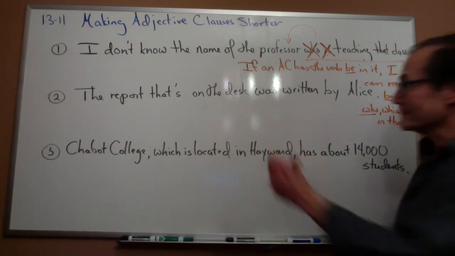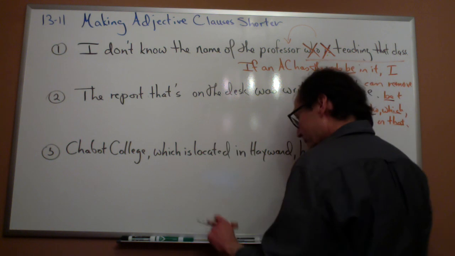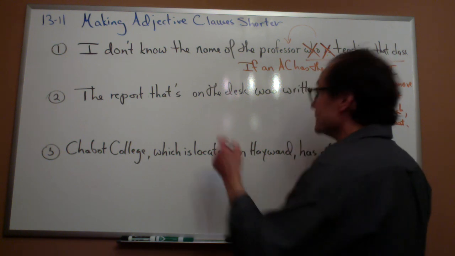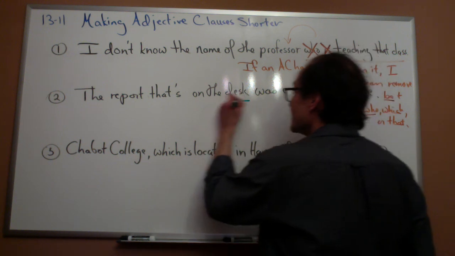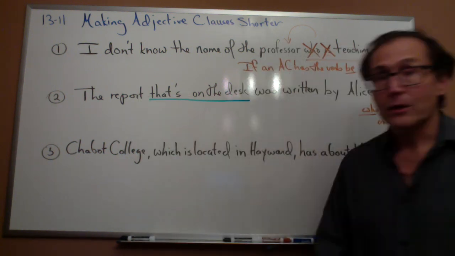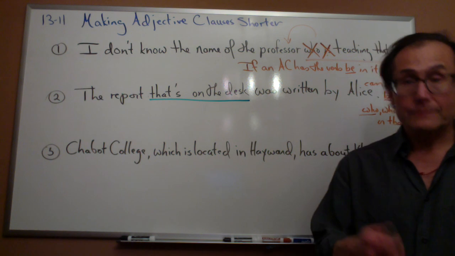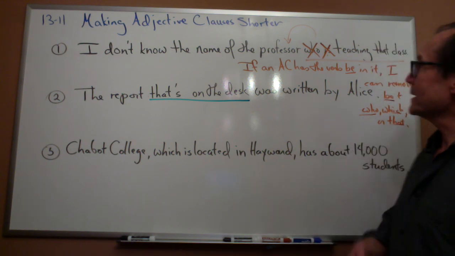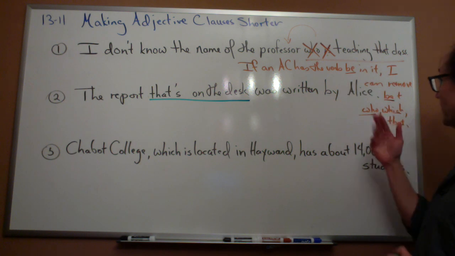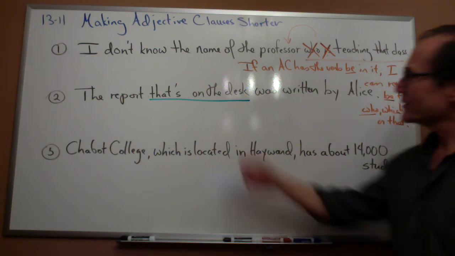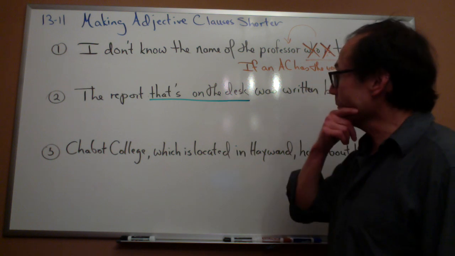Okay. If you said the adjective clause is that is on the desk, you are absolutely right. And then I say, okay, if an adjective clause has the verb be in it, I can remove be and who, which, or that. So let's take a look at this.